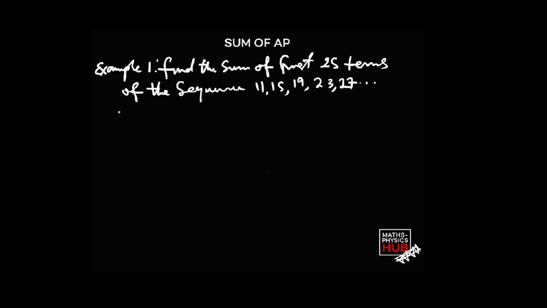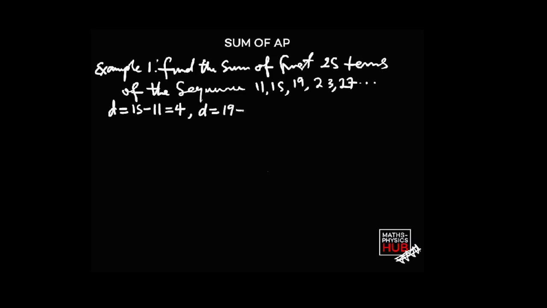And how do you check? Look for their common difference. The second term minus the first term, that will be 15 minus 11, and that will give us 4. Now let's check. We can also find the common difference by saying the third term minus the second term.